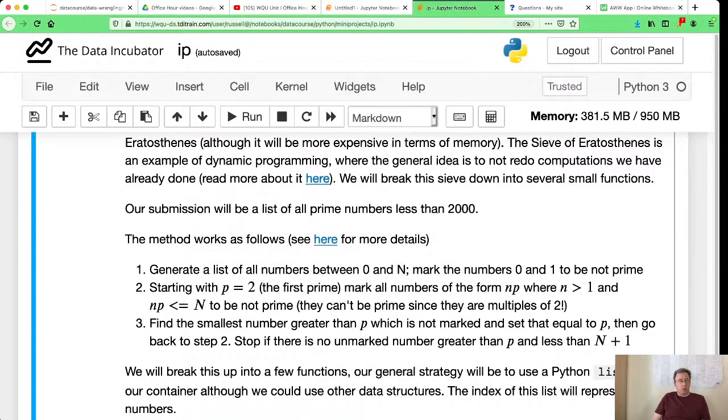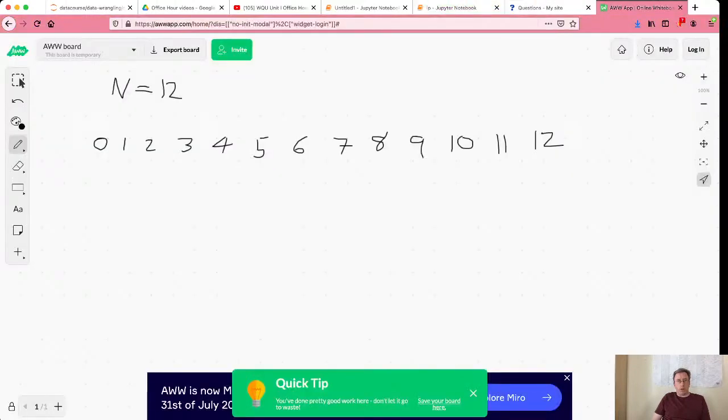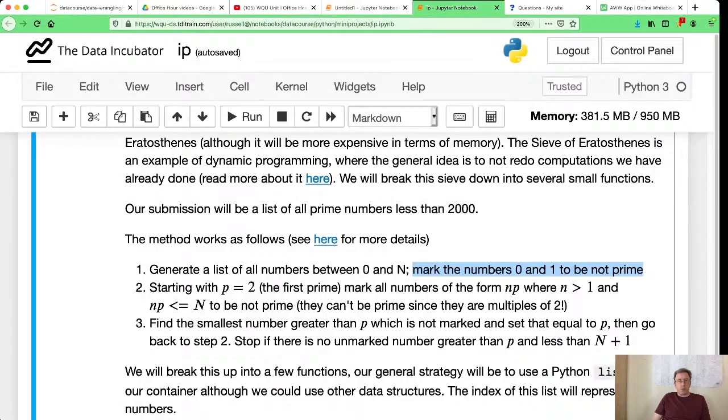Mark the numbers 0 and 1 not to be prime. So I will mark 0 and 1 not to be prime. All right, I've done that. Starting with p equals 2, the first prime, mark all the numbers of the form n times p. Well, if p is 2, I want all the numbers of the form 2 times n, where n is strictly bigger than 1, and n times p is less than or equal to this number, capital N. Right, so what do I want to do?